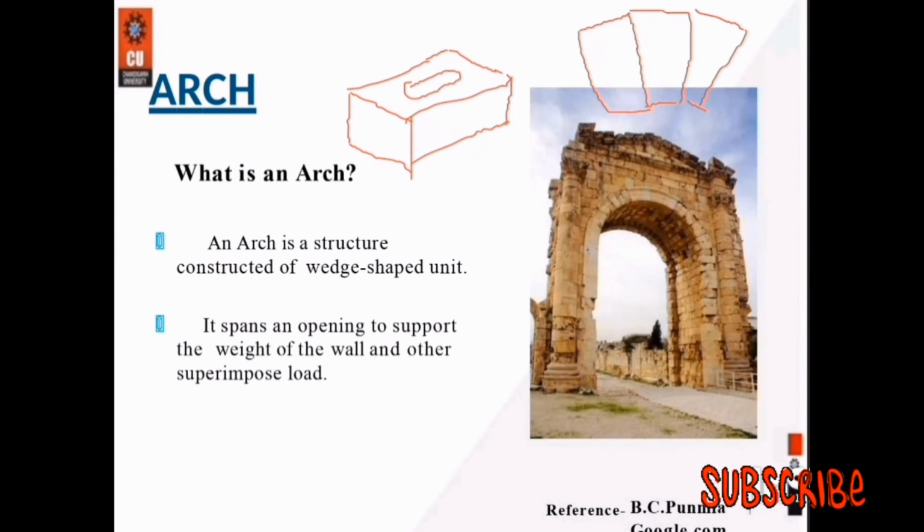The purpose of a lintel is to disperse the load to the sides. Similarly, in previous years, when there was no steel or concrete, an arch was made, which divides the load coming from the top to either side.